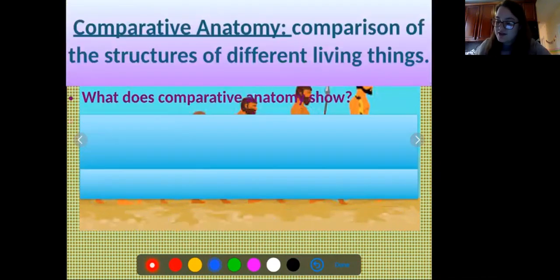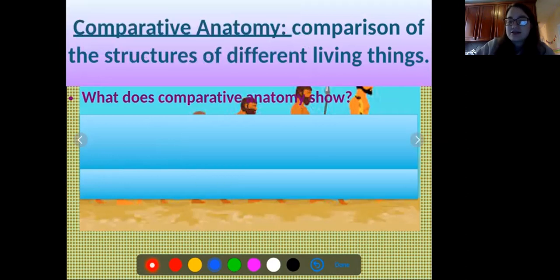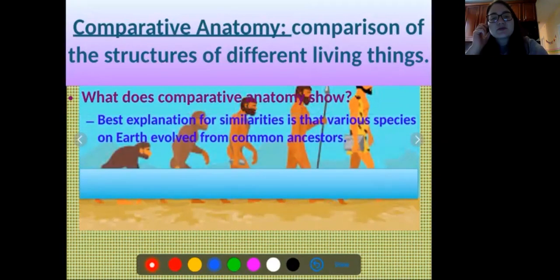All right. The next evidence that supports evolution is known as comparative anatomy. And this is when we are comparing the structures of different living things. So what does this show us? Comparative anatomy shows us that the best explanation for similarities between organisms is that various species on Earth evolved from a common ancestor.